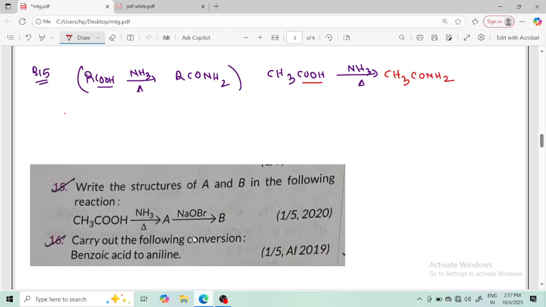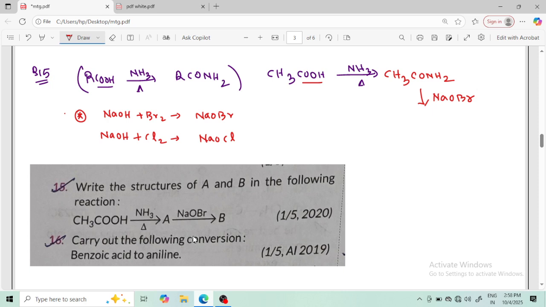So it will be CH3CONH2. Then what is the meaning of NaOBr? This is very important, okay? Try to understand this. Whenever NaOH reacts with Br2, it gives NaOBr. Actually, this is the Hofmann bromamide degradation reaction. Similarly, if they give you NaOH and Cl2, then you will get NaOCl.